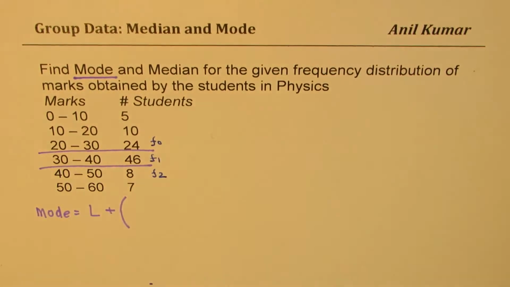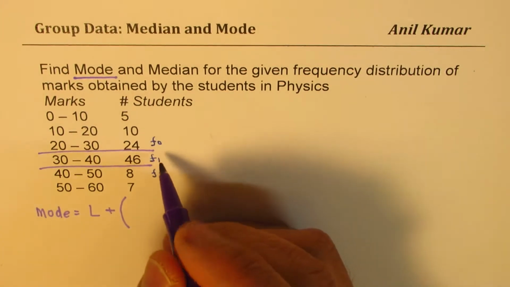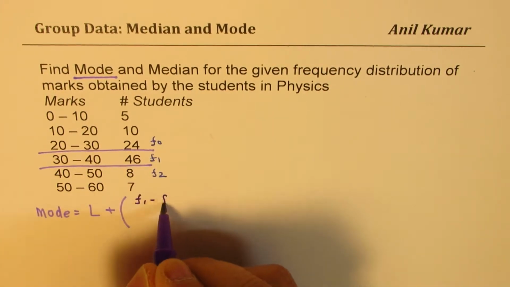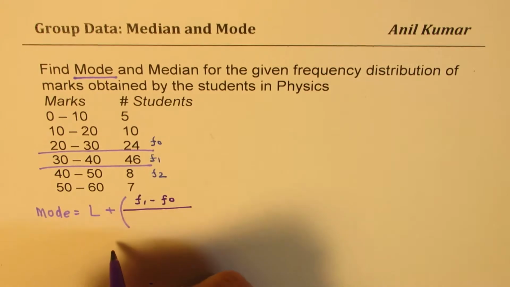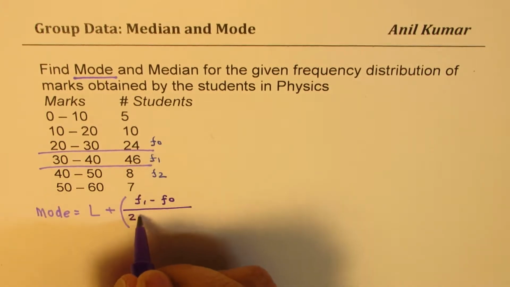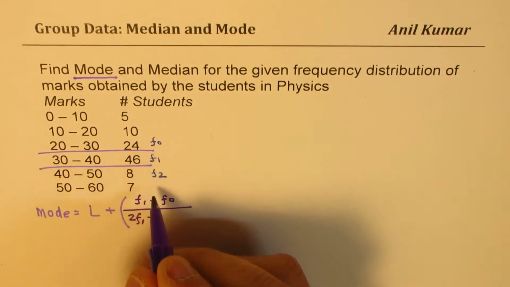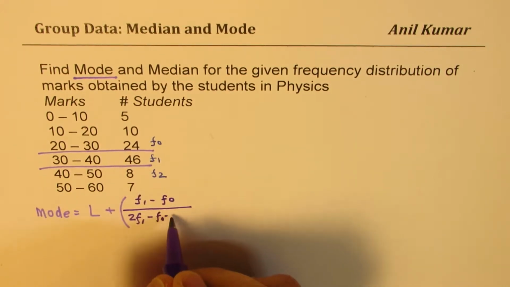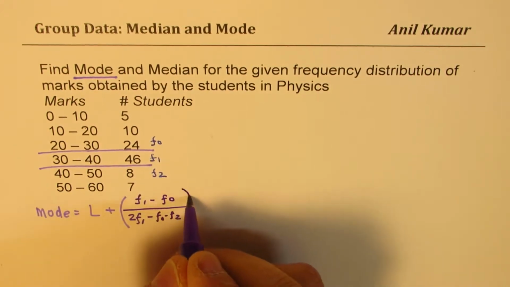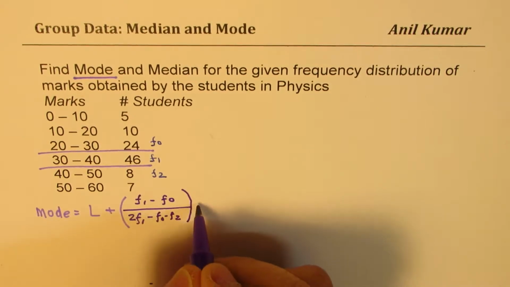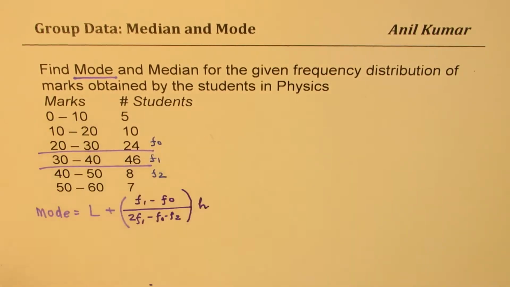So basically it is L plus the difference of these two frequencies, F1 minus F0, divided by twice F1, take away both of them, minus F0 and F2, times the interval, which is h. So the interval here is 10.